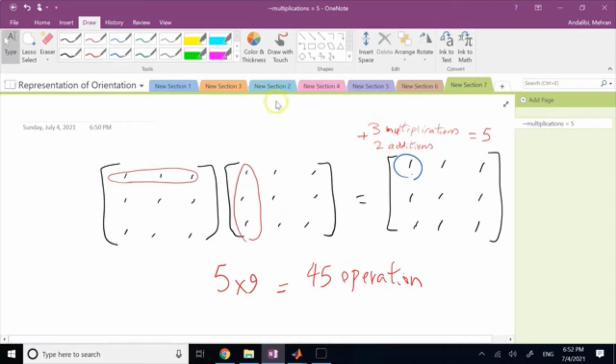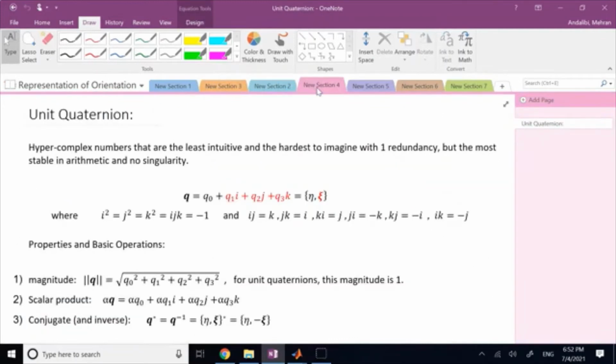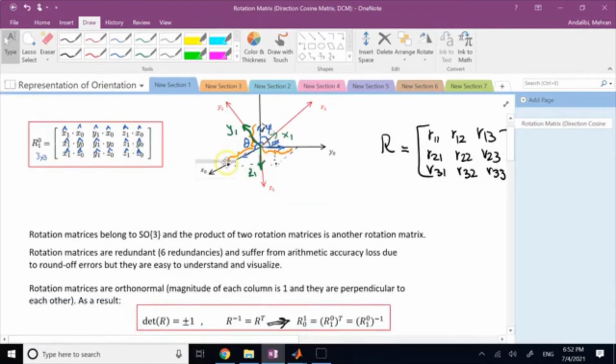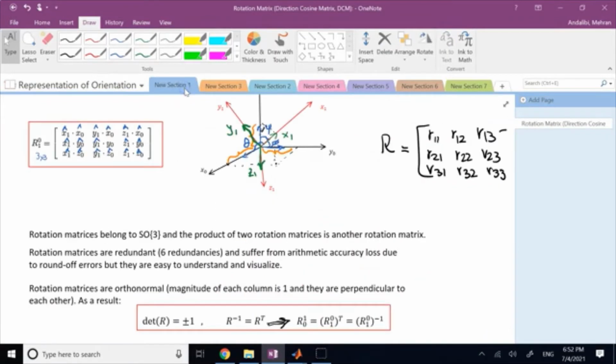And that's not as many in the other methods of representing rotation, including Euler angles, axis angle representation, and the unit quaternion. Their computations are quite smaller. They need way fewer operations than the rotation matrix does. Okay, so they have redundancy.